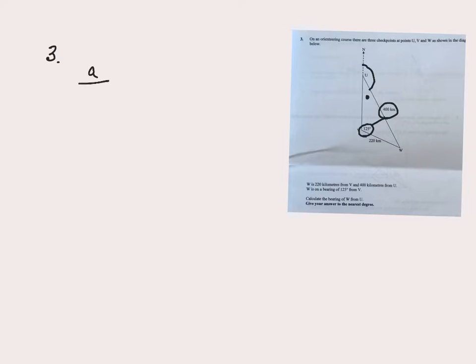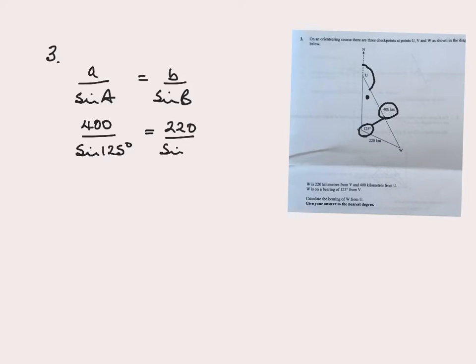So A over sine A equals B over sine B, and 400 over sine 125 degrees equals 220 over sine X.